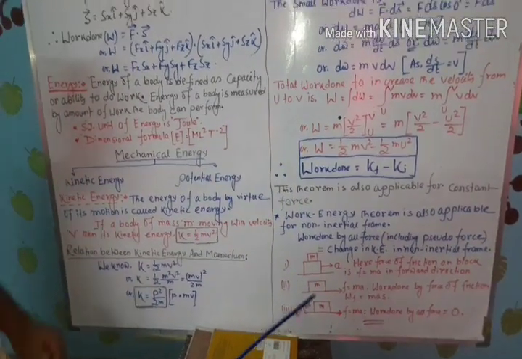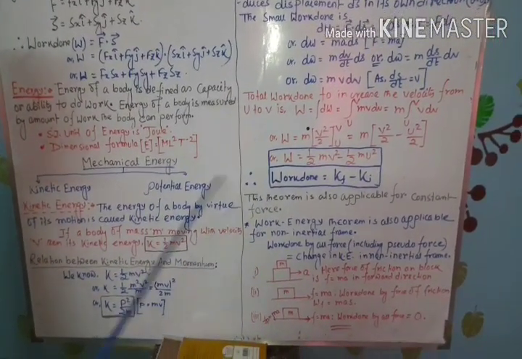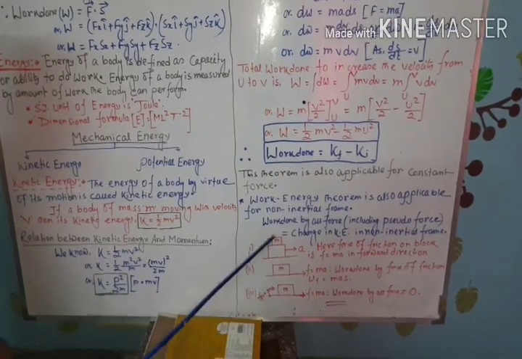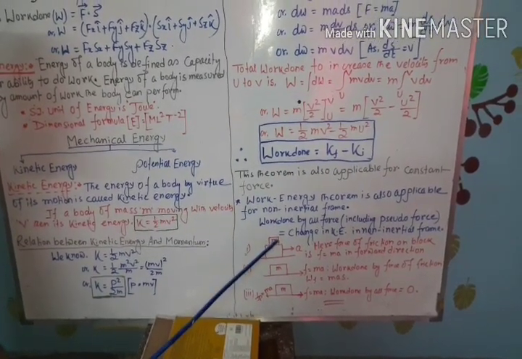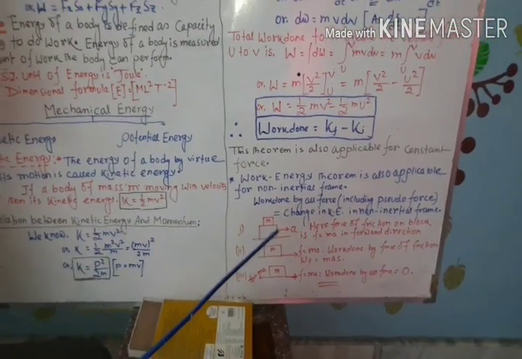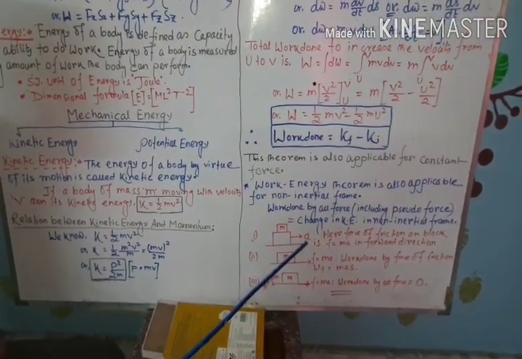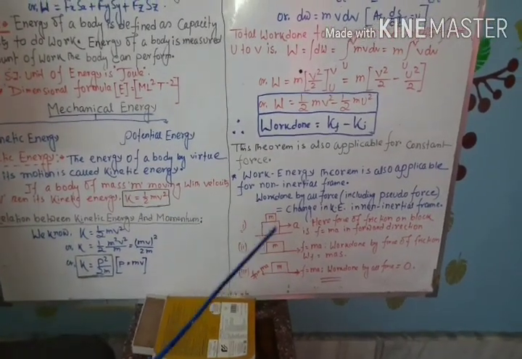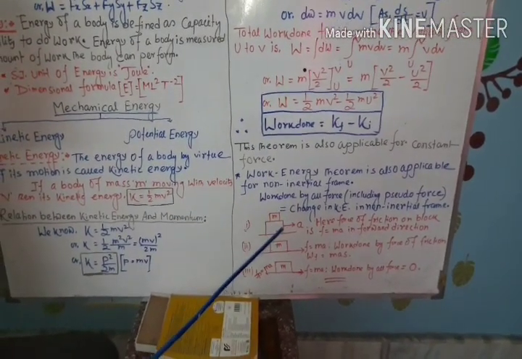Now students, see these three situations very carefully. Here I consider a block of mass m kept on a rough plank which is moving with acceleration a. There is no relative motion between the block and the plank.